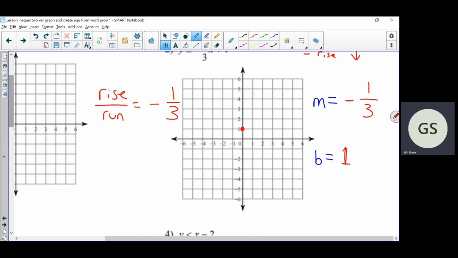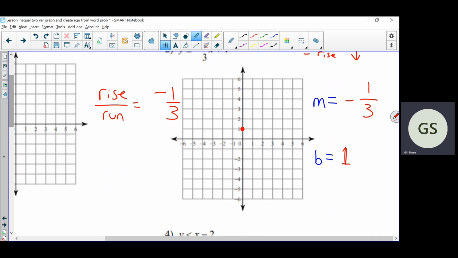Oh, negative. Technically, it's not negative run, it's negative rise. Rise is the top number. That's what you know. Rises go up. You put a negative, and this negative needs to go with one of those two numbers. I always put it on the top number because when we have a number that's not a fraction, like a negative, like we just had -2, it's going to wind up being on the top because we're going to put it over 1.